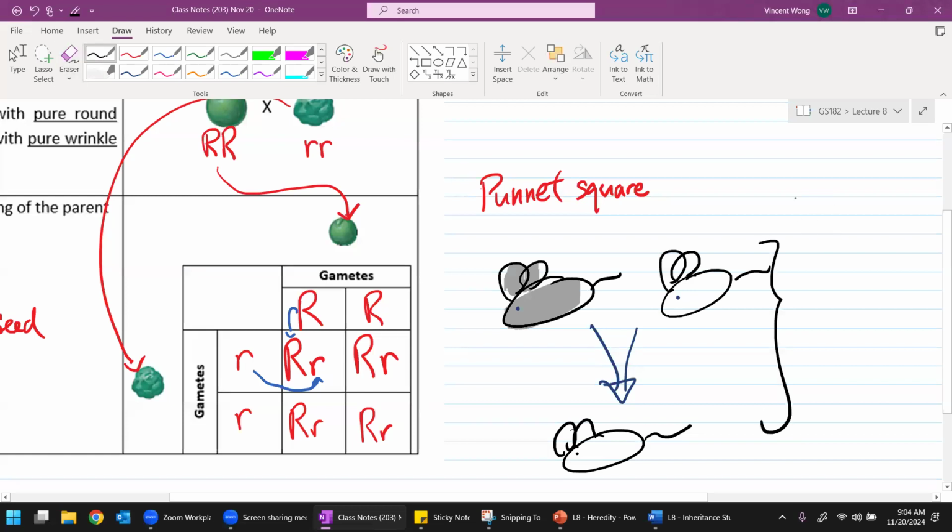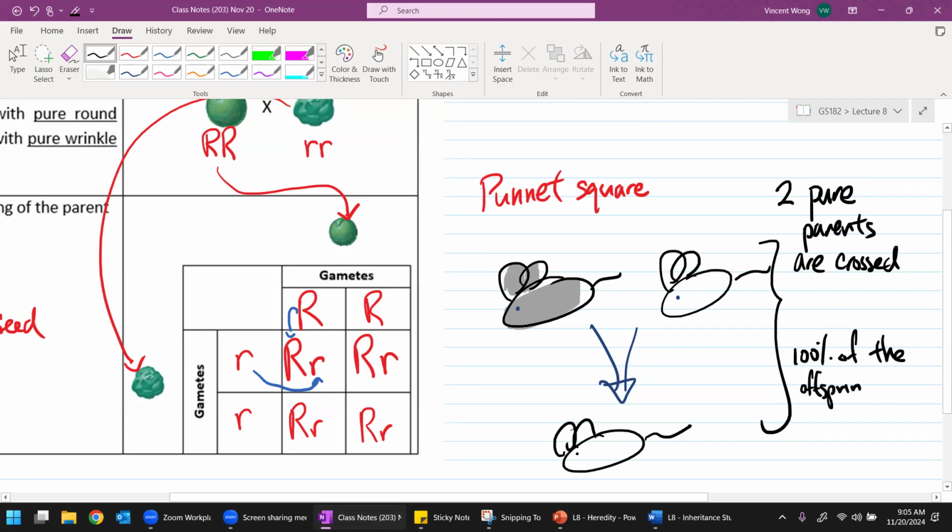Okay, so two pure parents cross, 100% of the offspring will have the dominant phenotype.